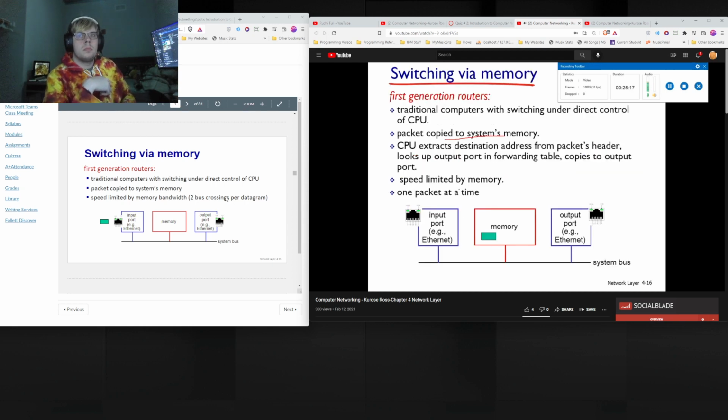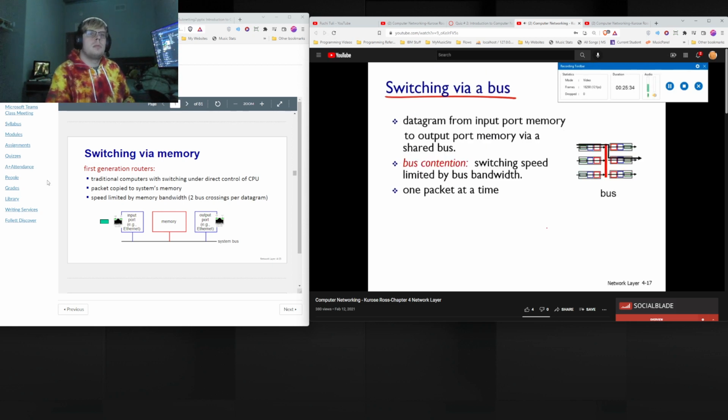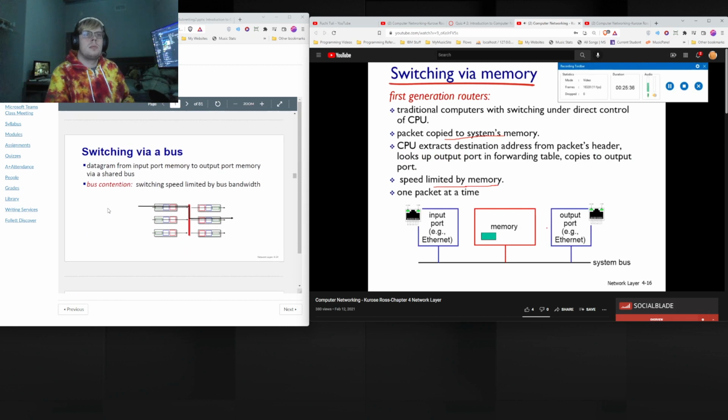But the basic drawback is that speed is limited by the memory. If it's high speed memory, speed will be faster. If it's low speed memory, speed will be slower. And another disadvantage is that only one packet can be transmitted at a time.